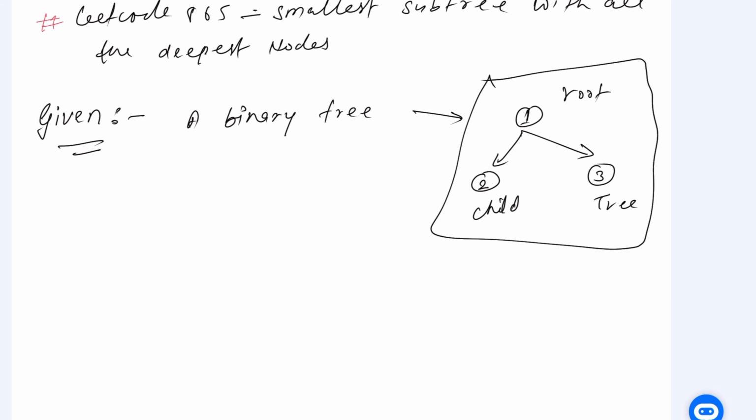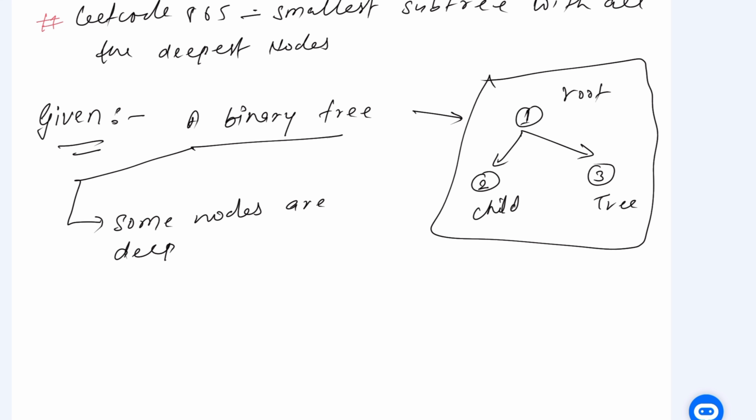I hope you understand. Now, the question is saying that the binary tree is given with some properties. What are those properties? Some nodes are deeper than others. It is saying we are given a binary tree and some nodes are deeper than others.